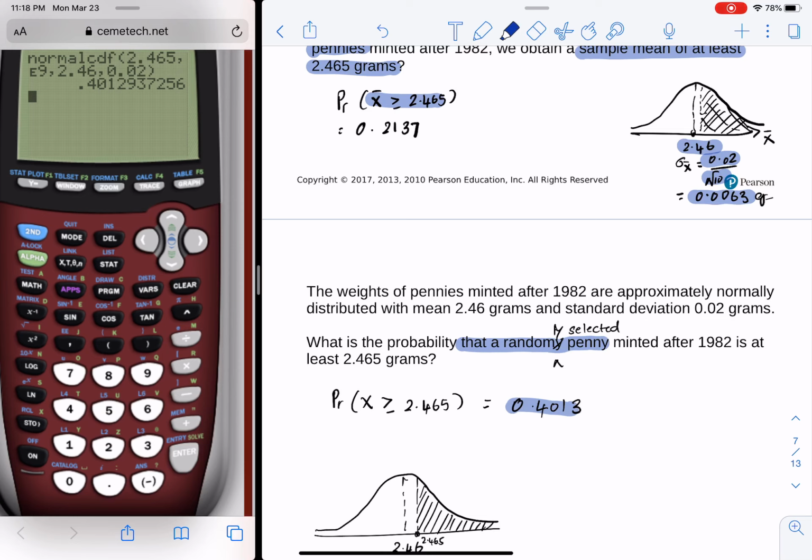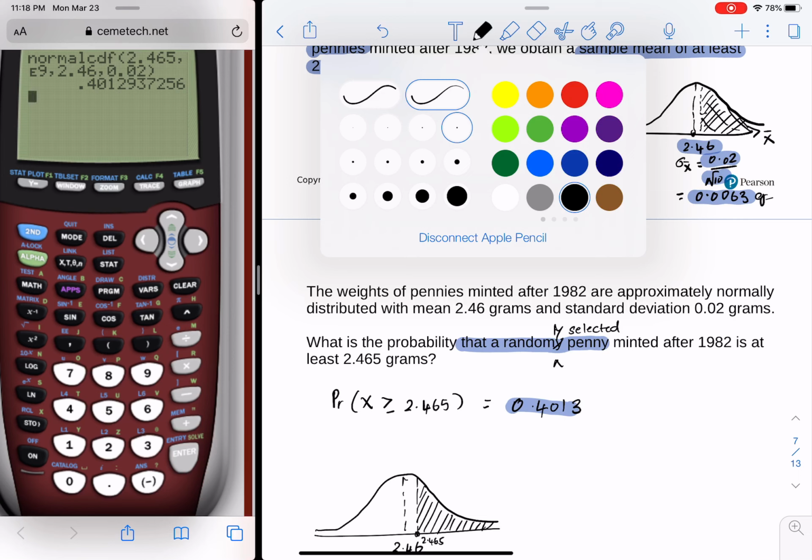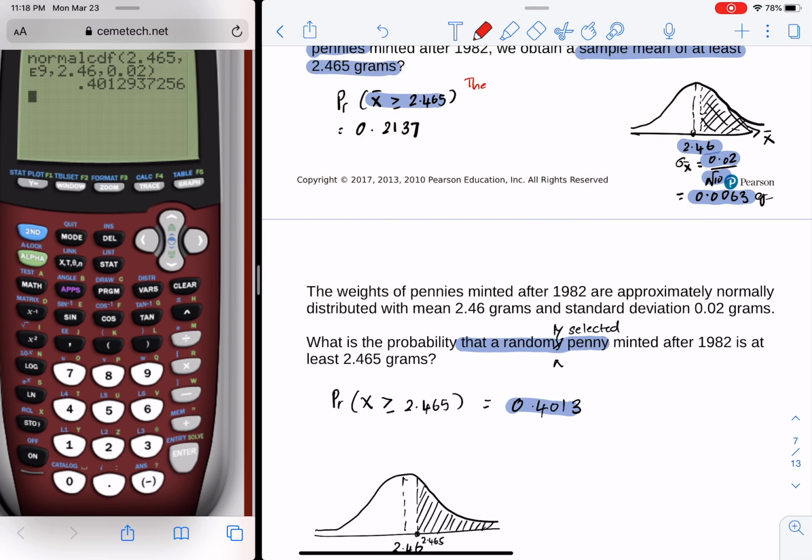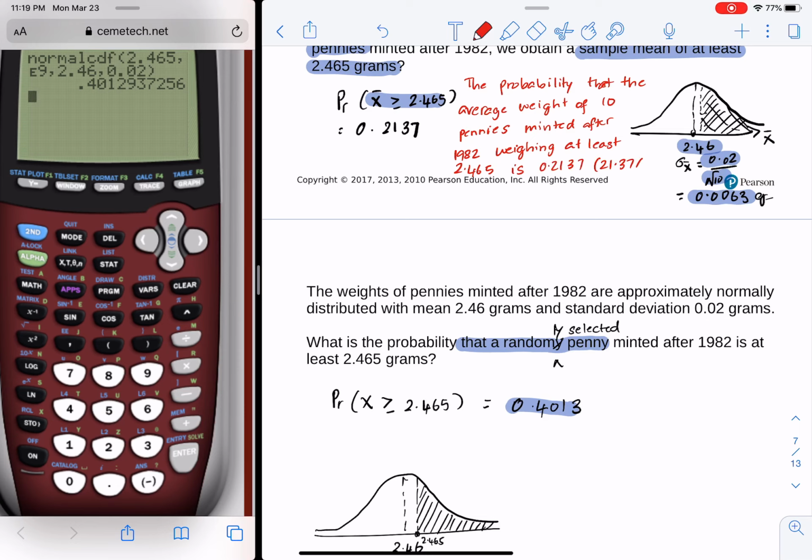So if we have to interpret the previous probability, we would say the probability that the average weight of 10 pennies minted after 1982 weighing at least 2.465 is 0.2137 or 21.37%.